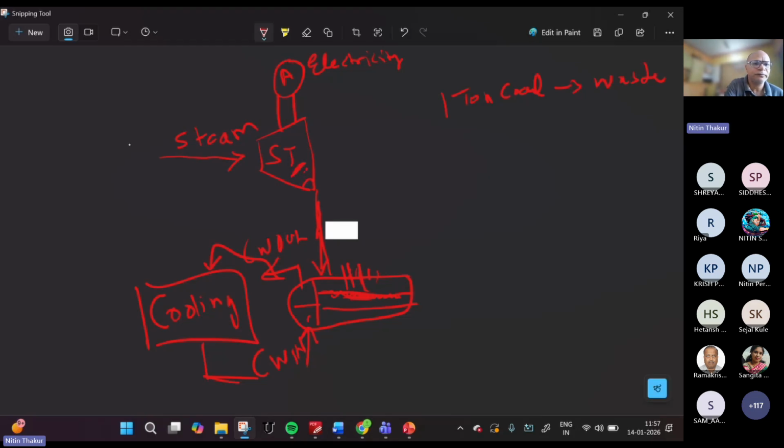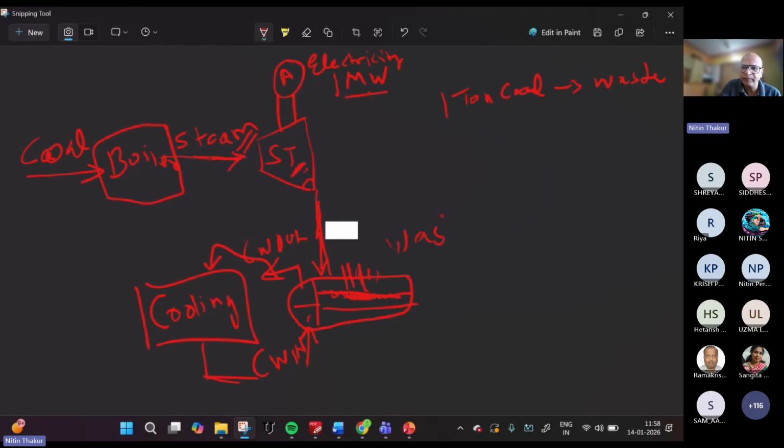This back pressure will then call for more steam to make 1 megawatt of electricity. Now, when it needs more steam, it means that it is calling for more coal consumption for making that 1 megawatt of electricity.